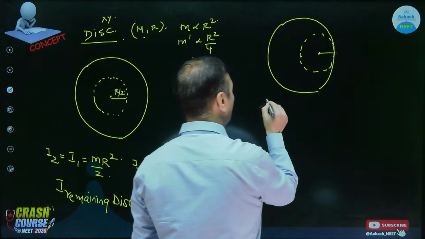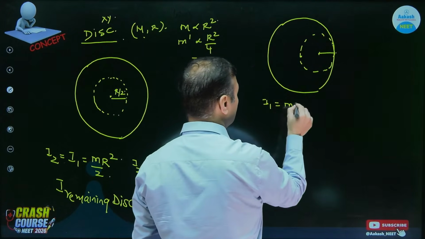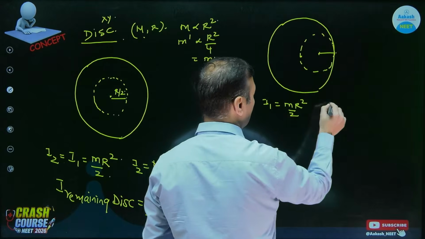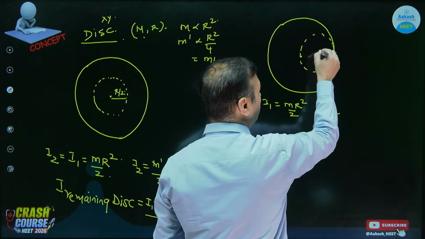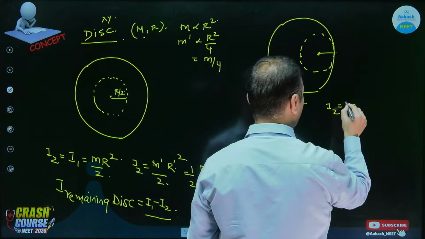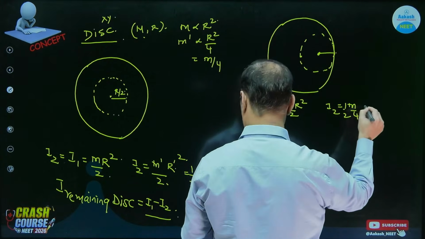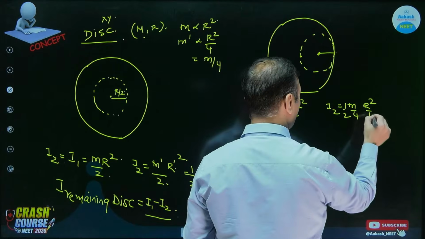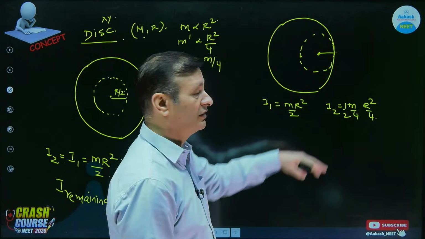Got it? So original I1 was mr square by 2. I2, about its center of mass is same. Got it? So this is the part cut and removed.